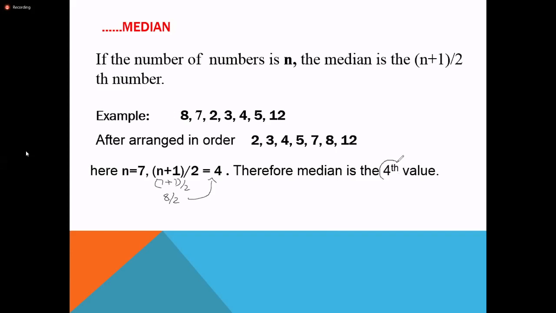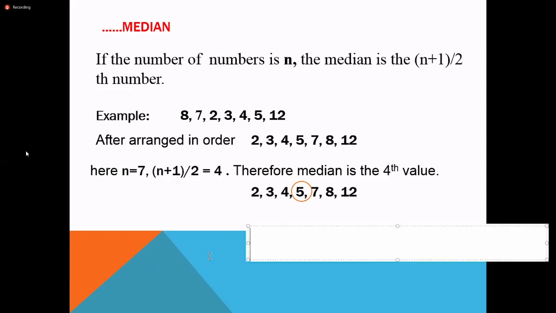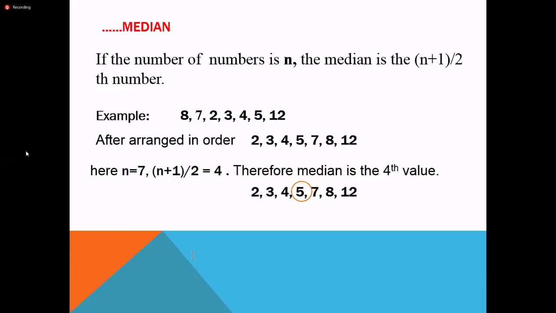So that is the positional value, 4th value. If you count 1, 2, 3, 4, the 4th value is this. Median is then 5.